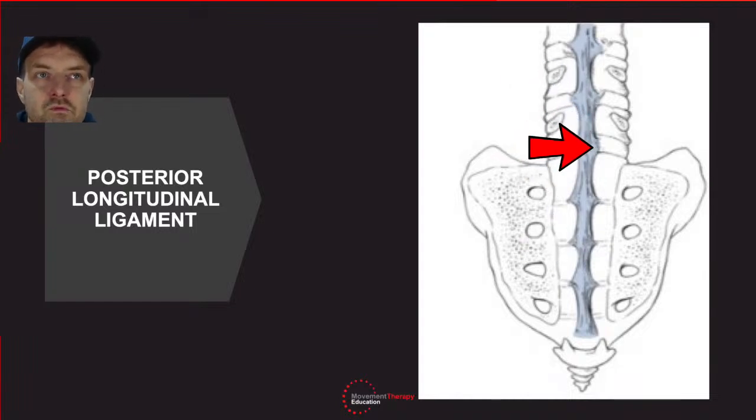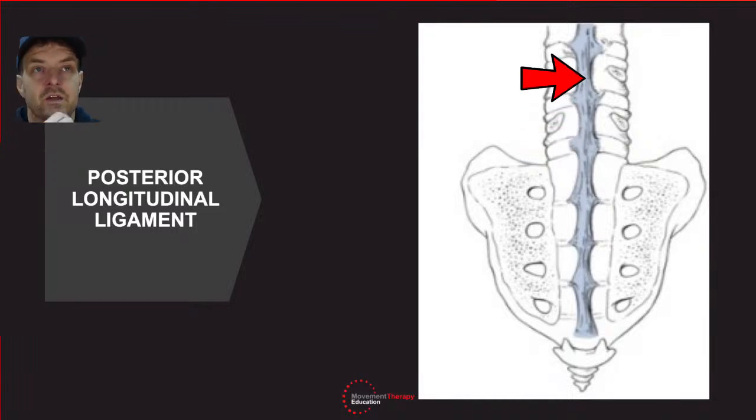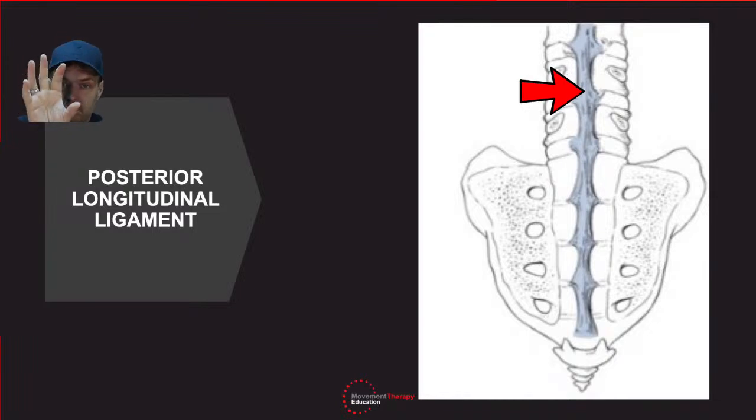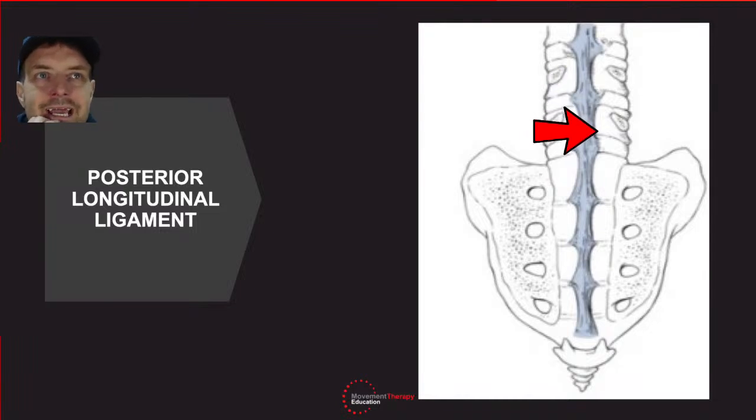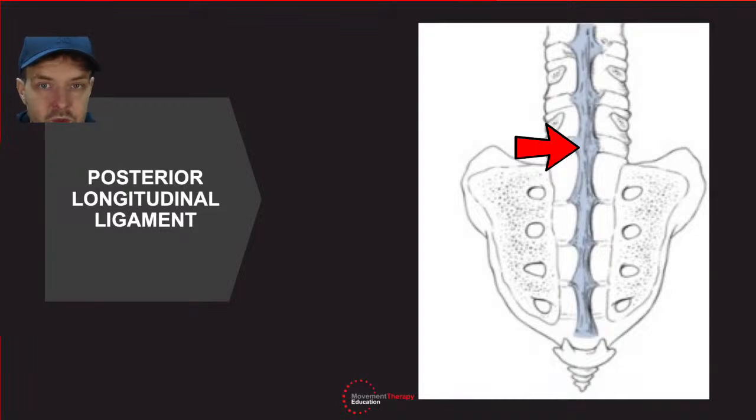So the really cool thing with this is in this region here, you've got your vertebral body, then you've got the posterior longitudinal ligament, and then on top of that, you'll have your spinal nerves. So if there is a problem with the disc, then the nerves are protected by this ligament. And one of the reasons why we have disc bulges that go backwards and then to the side, so what we call posterior lateral, is because of this ligament.